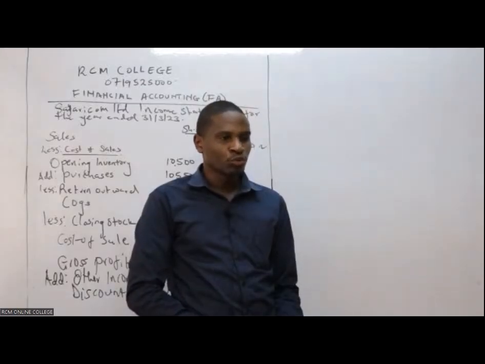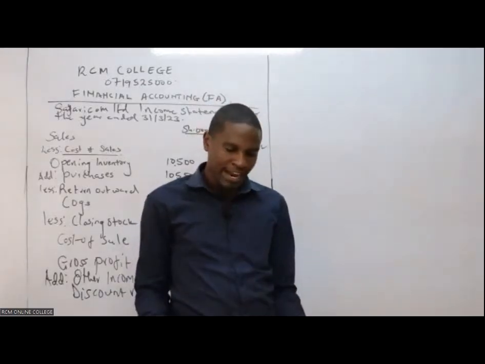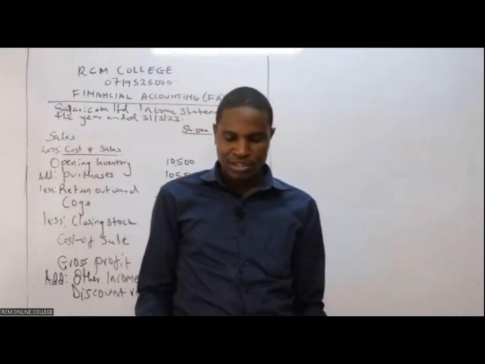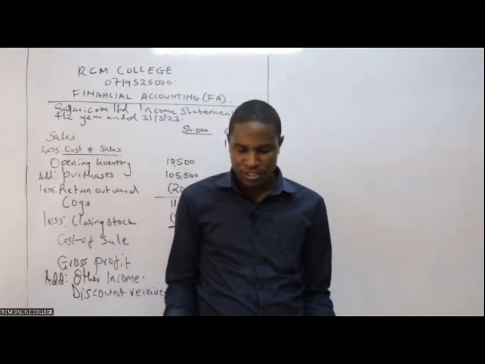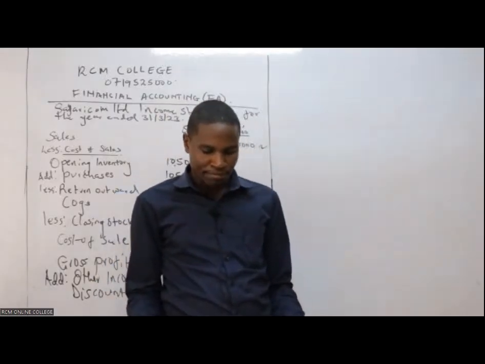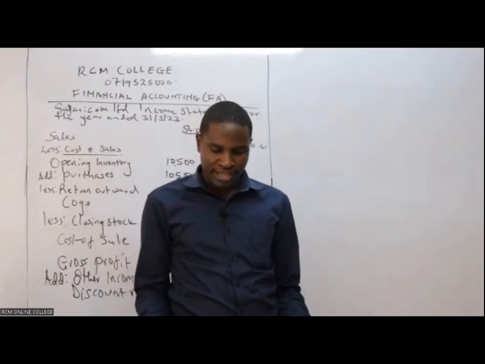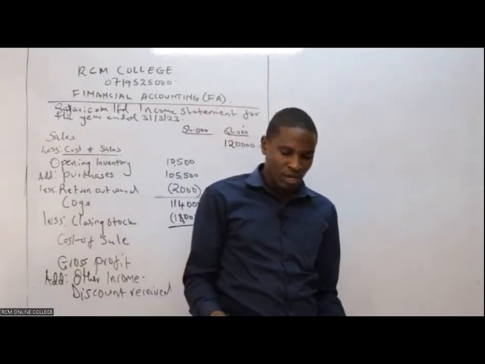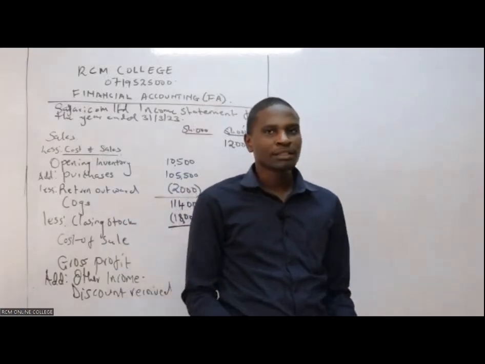If I look at additional information number 2, it is telling me that as at 31st March 2023, the accounts receivable balance included 50,000 due from a customer who has been declared bankrupt. The allowance for doubtful debt is to be adjusted to 5% of the accounts receivable as at that date. Now, I want to ask a question here.